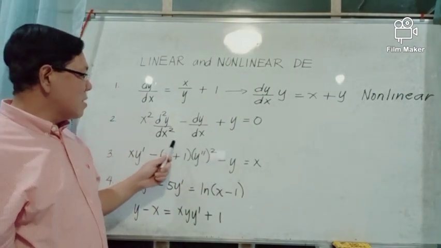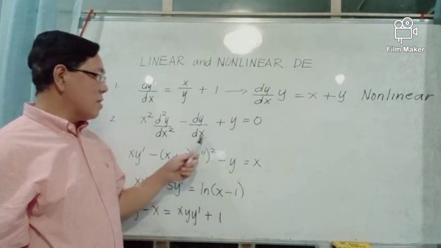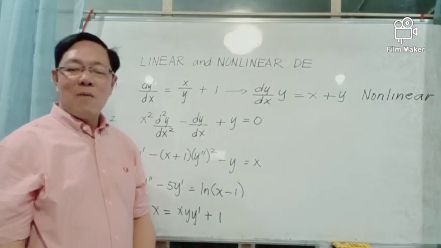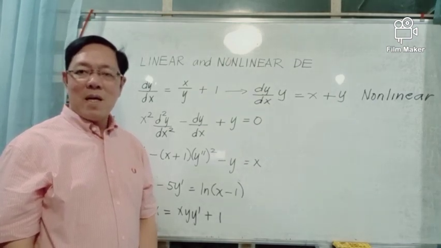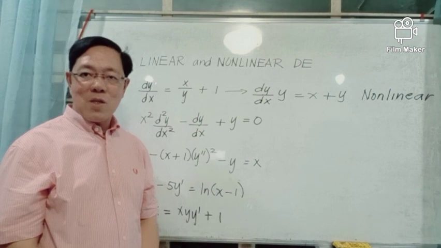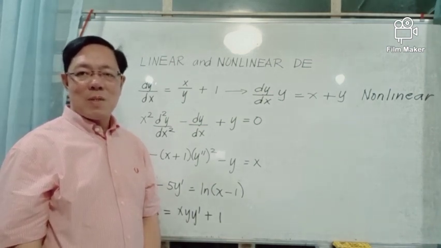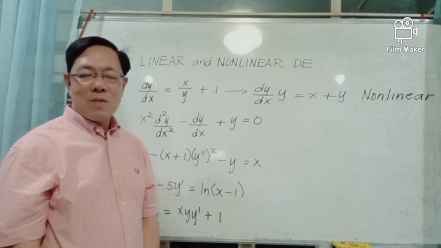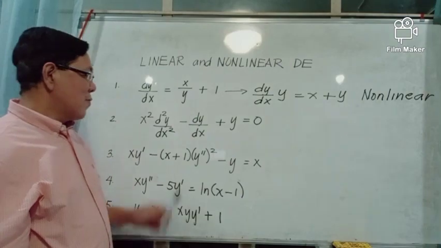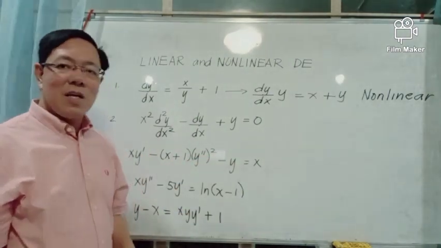Thus, we see that the dependent variable y and its derivatives have all the same power of 1. And in a linear differential equation, the dependent variable y and any of its derivatives must be raised to a power not more than 1. Therefore, this differential equation is a linear differential equation.